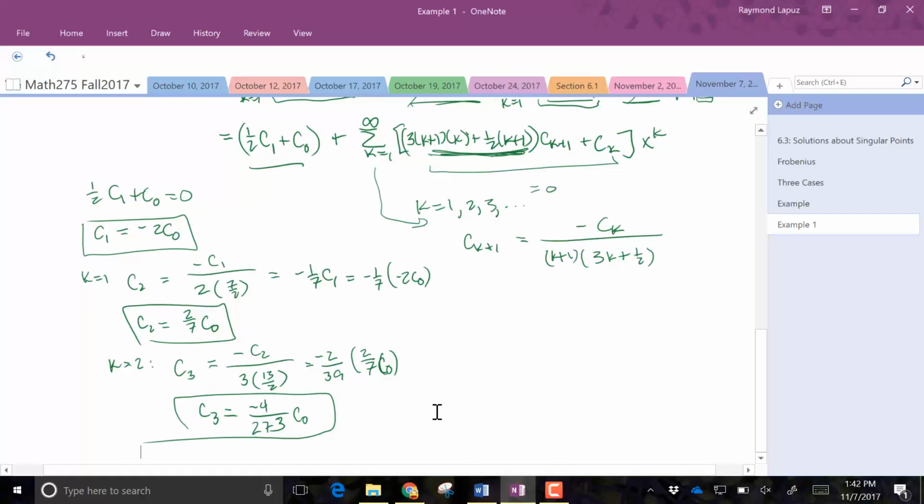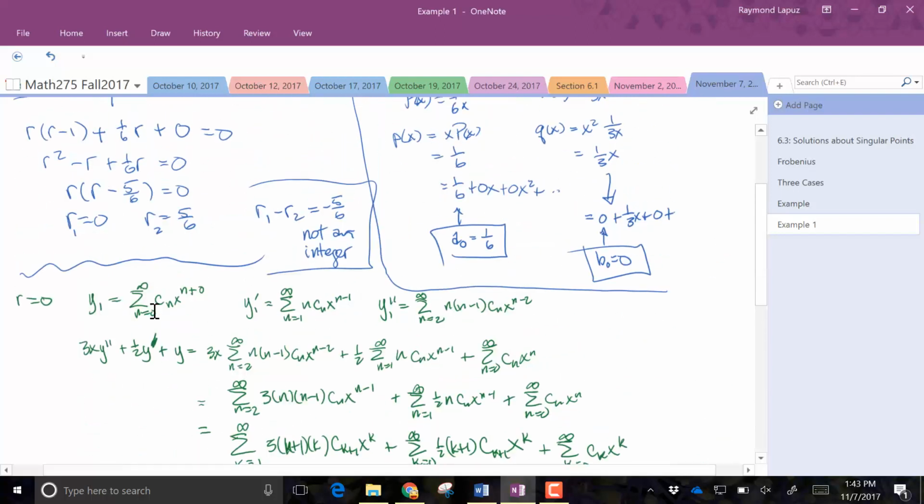All right. So, okay, good. But this is the first answer, right? This is the y sub 1. So we need to find y sub 2, and for y sub 2, I suppose we should go to the next page. And we need to figure out this differential equation when r is equal to 5/6.